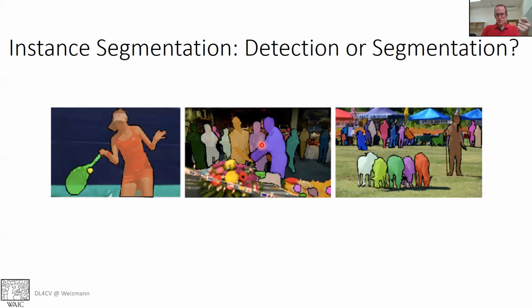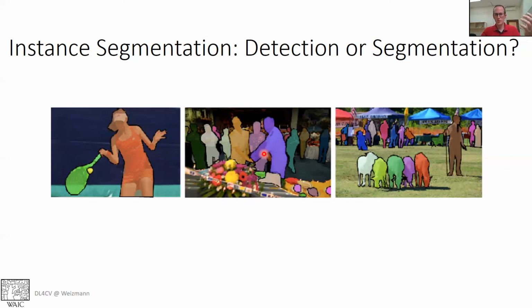We can't really solve this instance segmentation with the semantic segmentation approaches that we just saw, because they will not be able to distinguish between these person pixels and these.